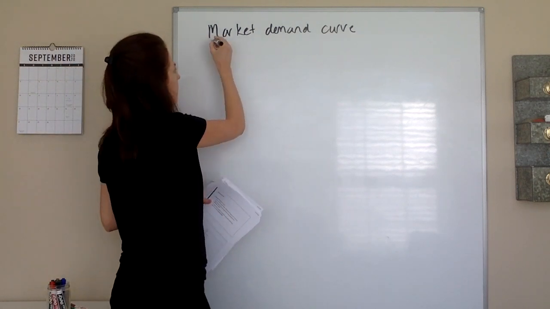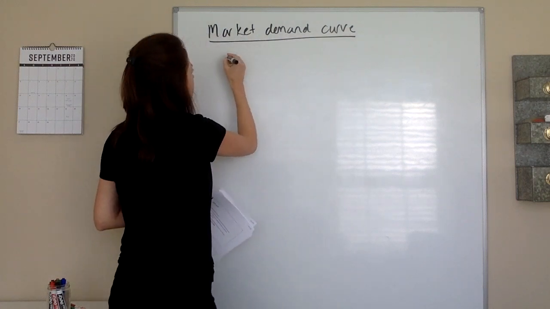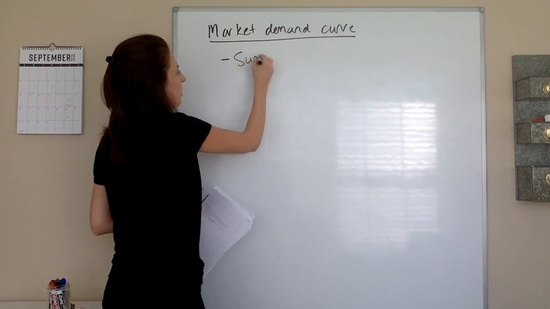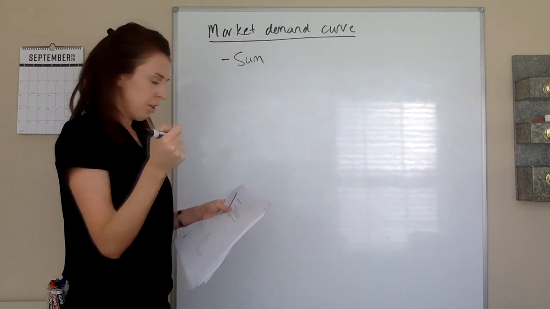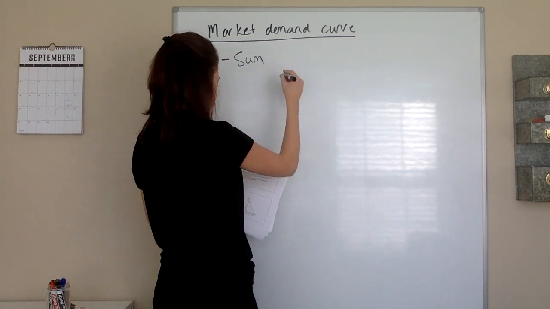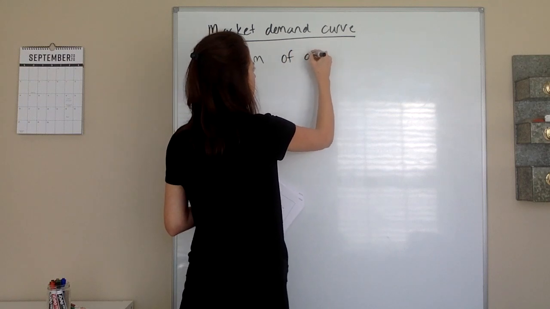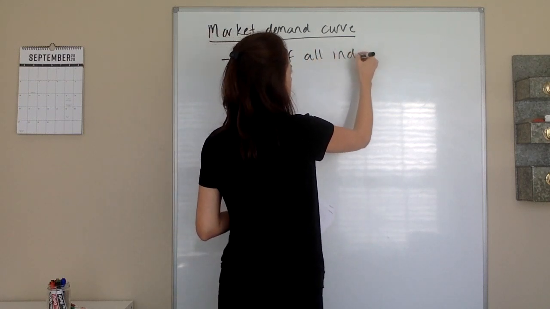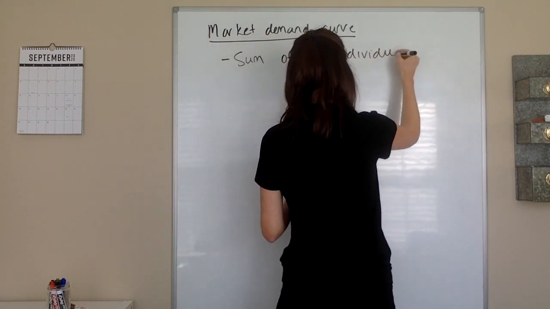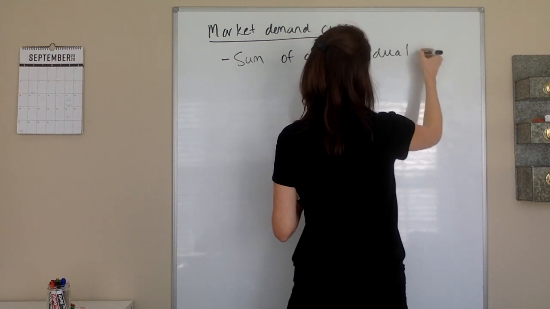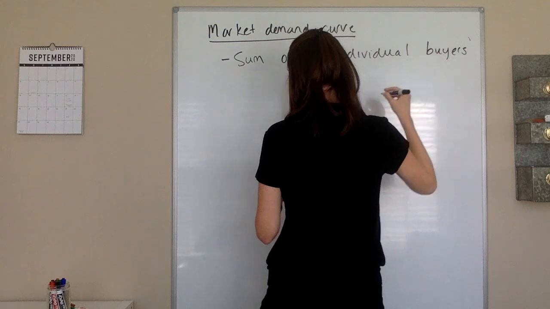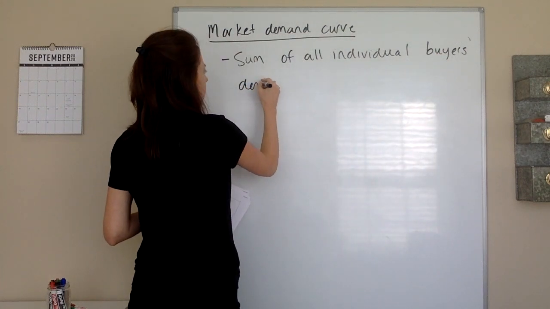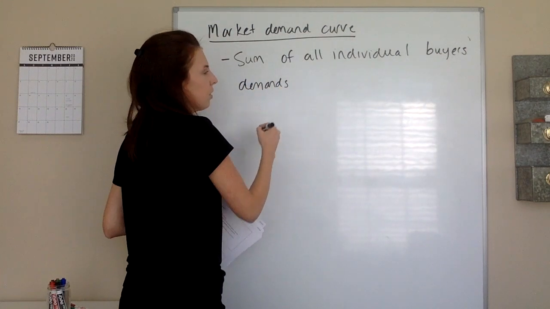So what a market demand curve is going to be is a summation of all the individual buyers' demand curves. So it's the sum of all individual buyers' demands for a particular good or service.